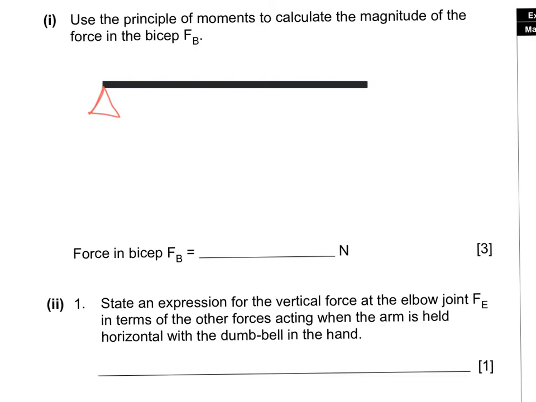So pivot at this end, we've got the weight of the arm acting down, and we've got the bicep pulling up. We know that when this is in equilibrium, the total anti-clockwise moment about this pivot will equal the total clockwise moment about this pivot.